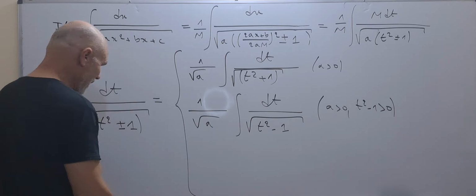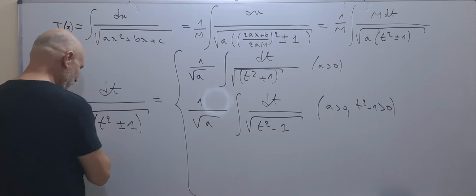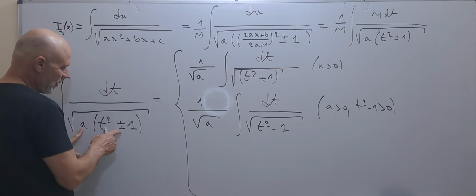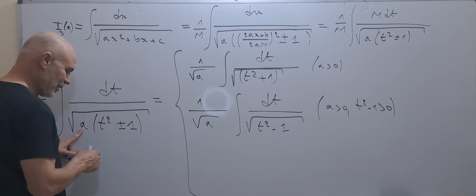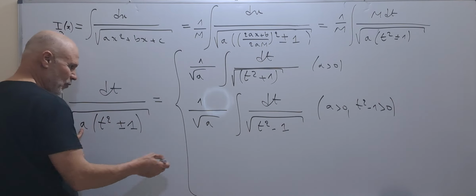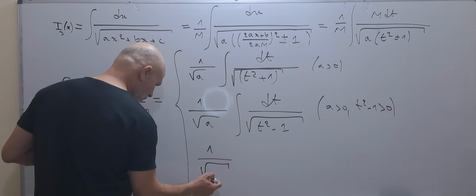And the third case, when a is negative and t squared minus 1 is negative, because t squared plus 1 can never be negative. So this case is adequate. A negative, so minus a is positive, and we can write this under this form.